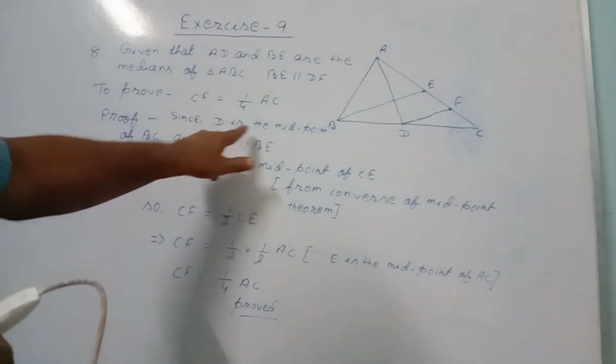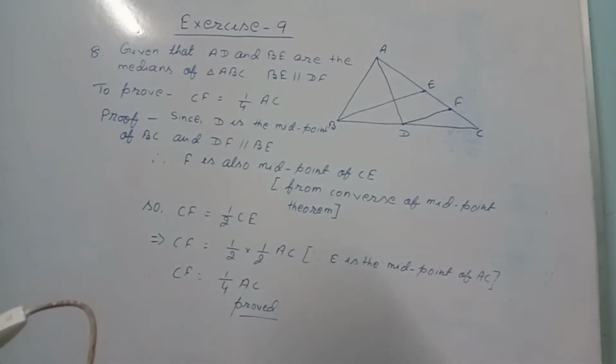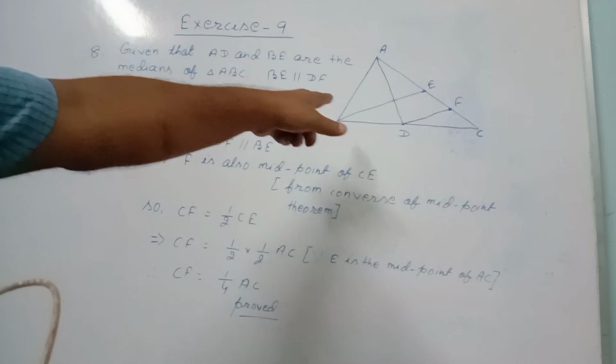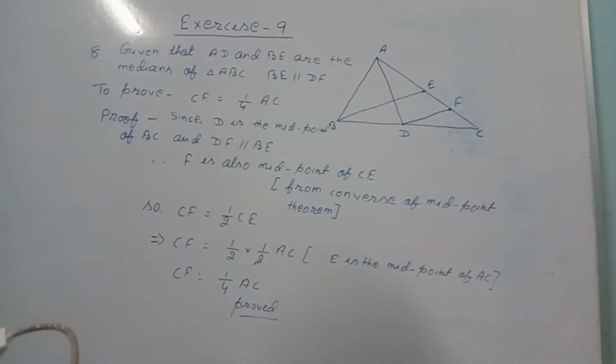Proof. Since D is the midpoint of BC and DF is parallel to BE, therefore from the converse of the midpoint theorem, F is also the midpoint of CE.